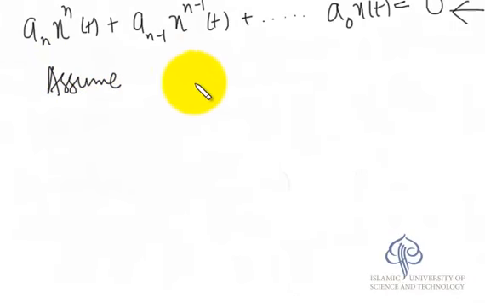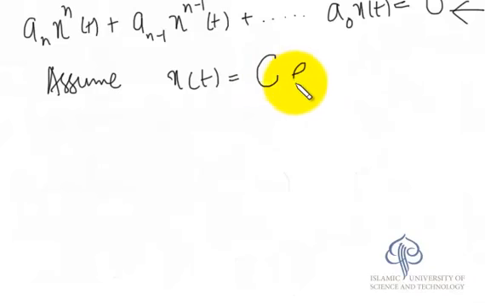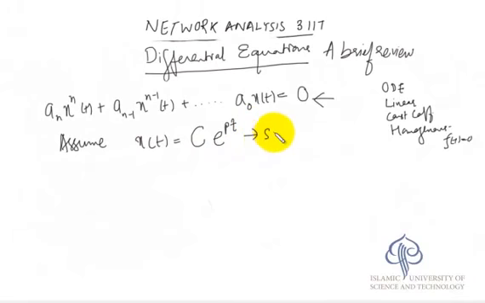You assume that x(t) is some constant c multiplied by e to the power pt, right? So if you assume that this is a solution to this equation, you can substitute the solution in the equation, and you see that when you differentiate this once, you'll get a p outside, this will stay in.